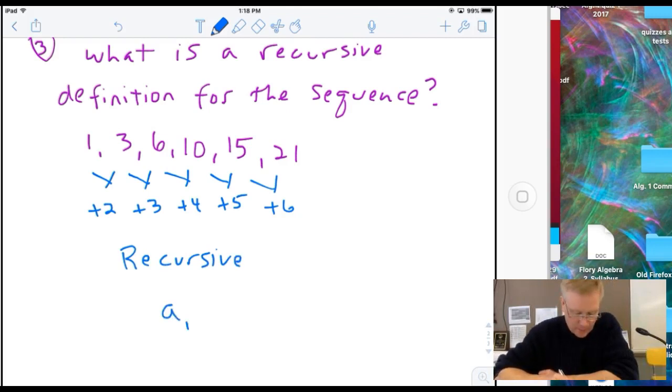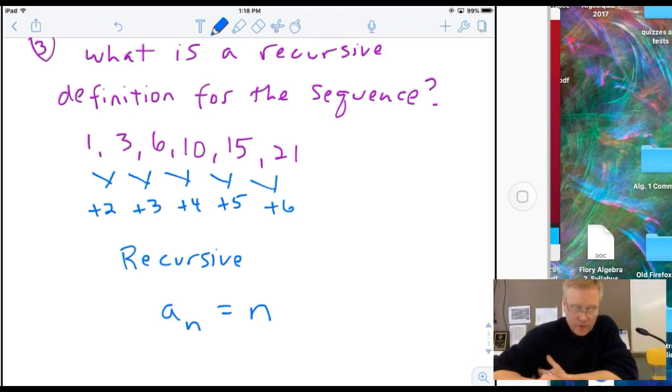If I take a of n, that's going to be the number in the sequence that I'm looking for. And we're adding up all the numbers. I'm adding 2, then 3, then 4, then 5. There's a thing that we represent in sequences for that, because I'm getting all of the numbers. It's called n, all right?